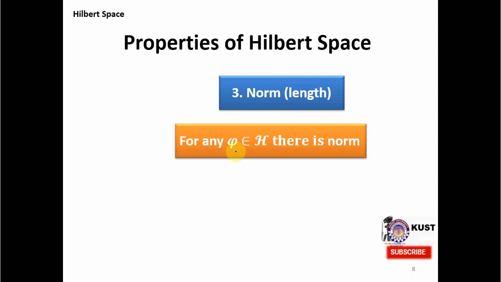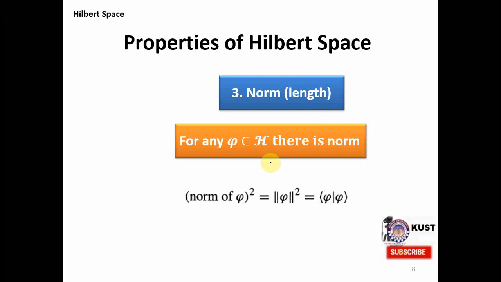So for any phi which is a member of H, there is a norm. If this norm exists, which is defined like this, the norm of phi is actually the square root of the modulus, or phi and phi multiplied together. If this norm or length of a vector can be calculated from this linear vector space, we say that the norm does exist there.